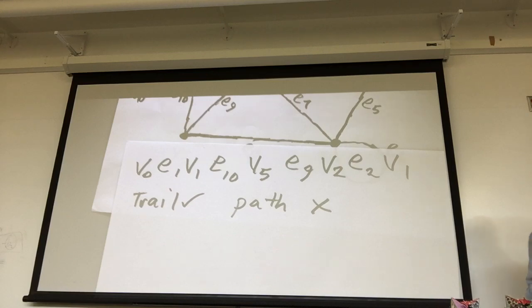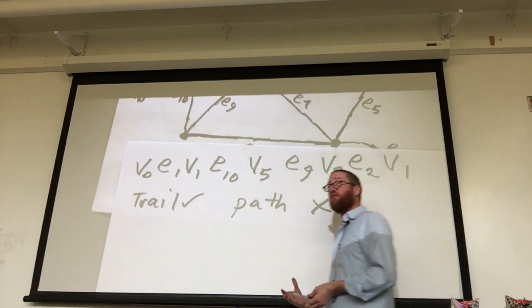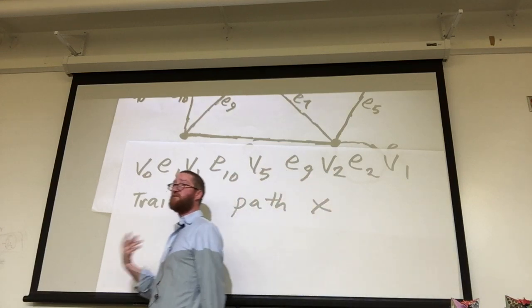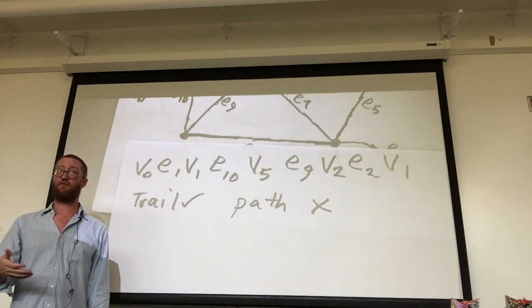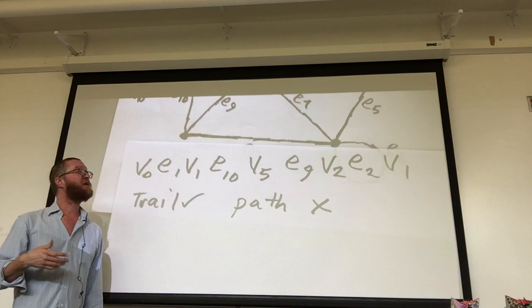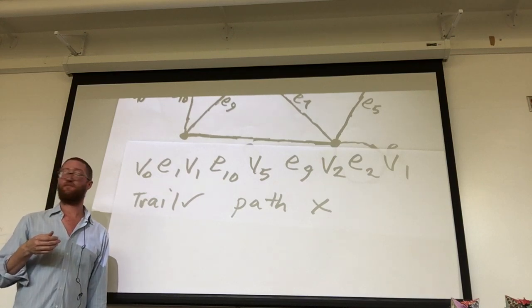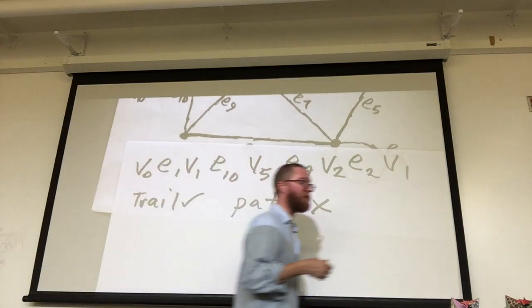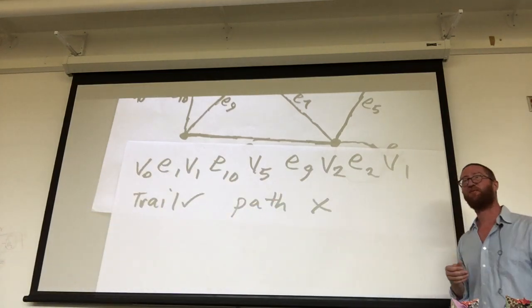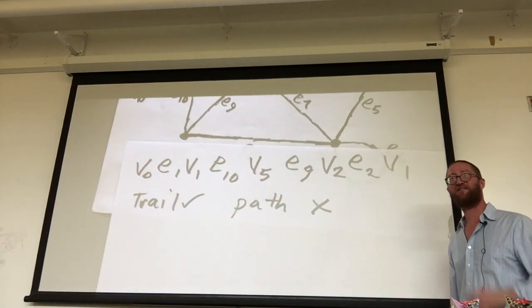And then the next question that you can ask is, all right, is it a trail? Is it a path? Is it closed? After asking if it's closed, then you can ask if it's a circuit or a simple circuit. So is this trail closed? Sorry, not path. Sorry, the words are interchangeable in English versus math.